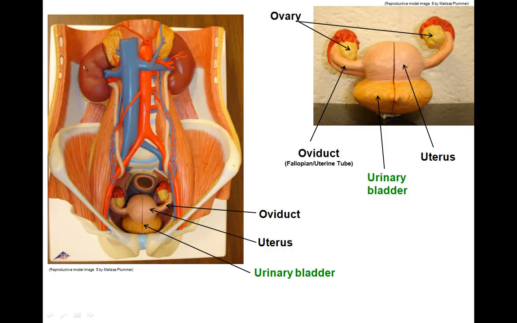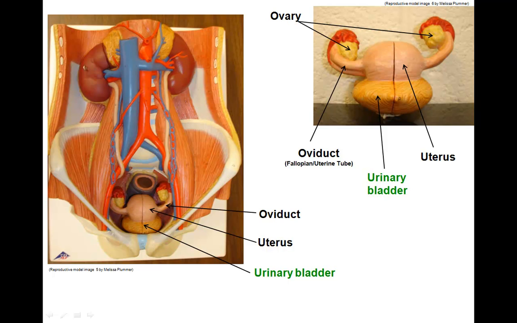This is the site of fertilization. The oviduct connects to the uterus, or the womb, which is the site of implantation of a fertilized egg, the embryo. It has a superior position relative to the urinary bladder.